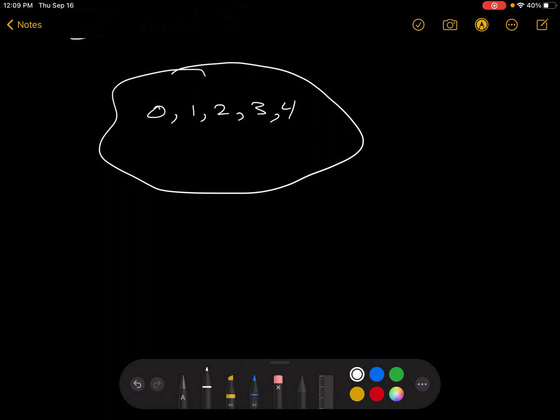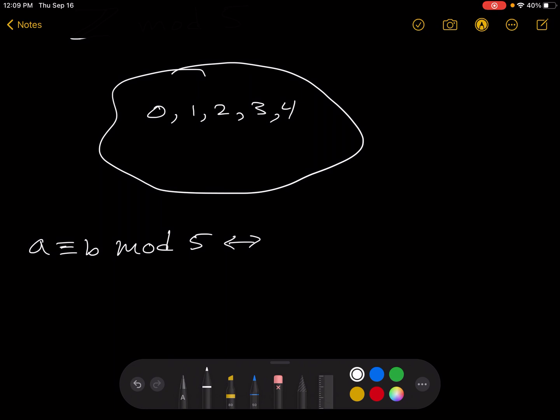All right, something that's going to help us a lot with this is this statement. A is congruent to B mod 5 if and only if. Now remember, this is from a previous video.